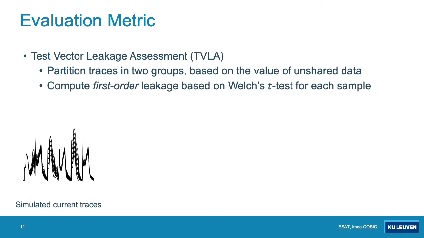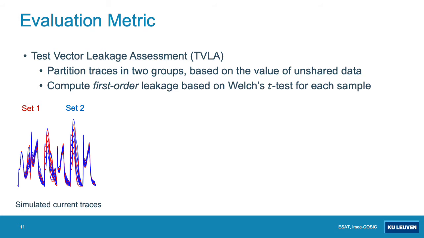We base our security evaluation around the test vector leakage assessment, or TVLA, a widely used generic leakage detection test based on statistical moments. The first step of TVLA is to collect a number of traces, in this particular case supply current waveforms. Then we partition them into two sets based on the data associated with each of the traces.